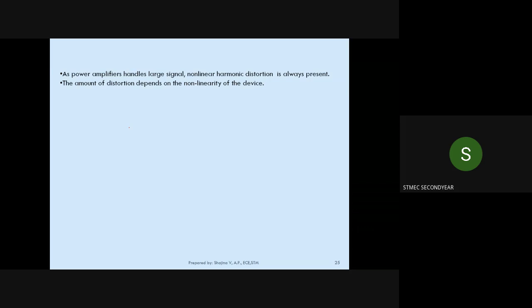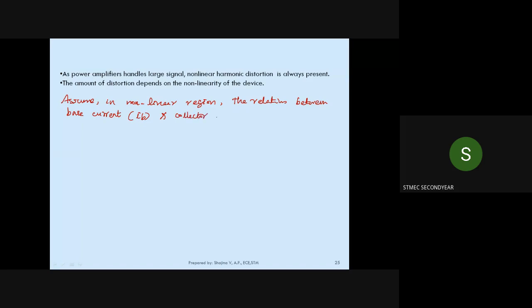Now we can see, let, assume, in non-linear region, the relation between base current and collector current, that is base current IB and collector current IC.